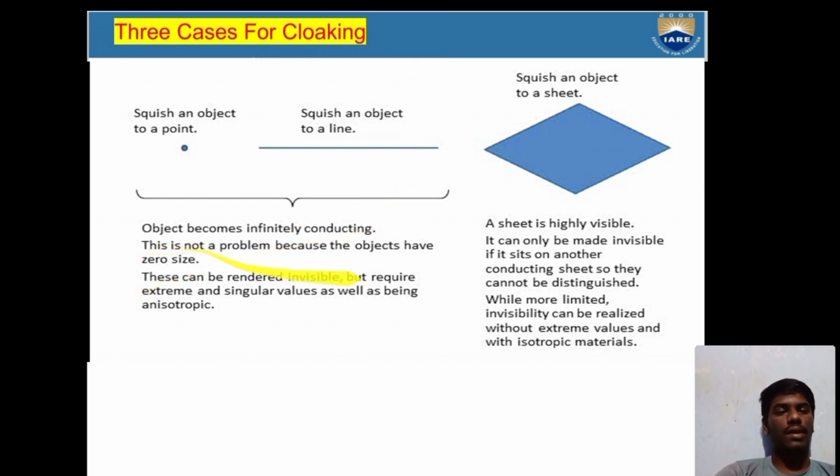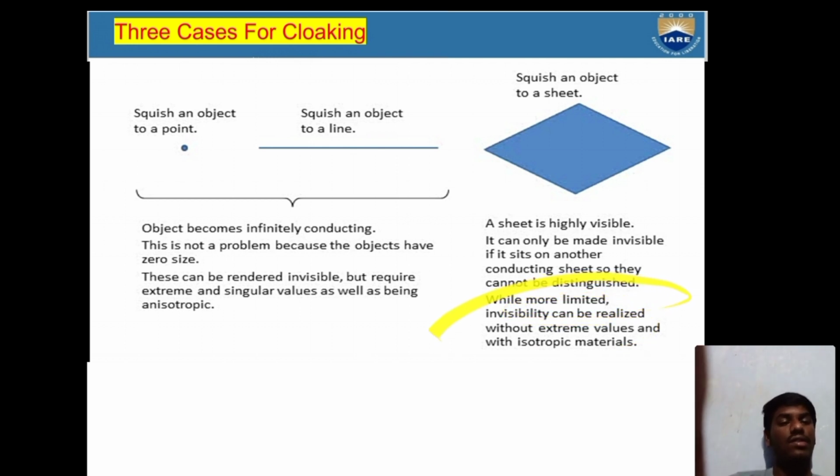This is not a problem because the objects have zero size. This can be rendered invisible, but it requires extreme and singular values as well as being anisotropic. For the sheet, a sheet is highly visible. It can only be made invisible if it sits on another conducting sheet, so they can't be distinguished, or we can't find any difference there.